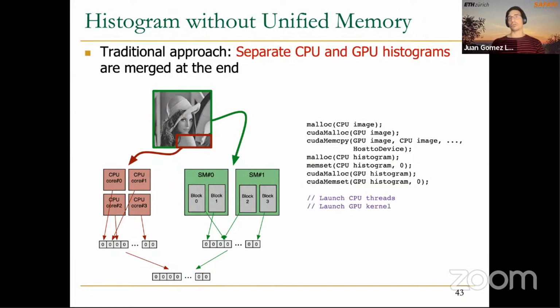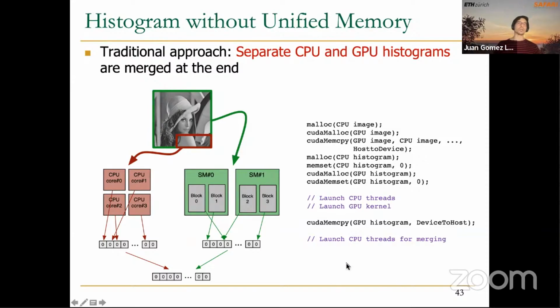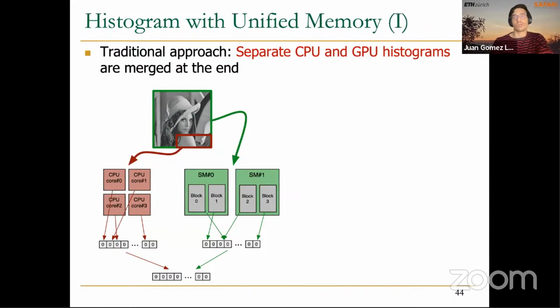Then we launch CPU threads, and then we launch the GPU kernel that will compute the corresponding histograms. And at some point, we will get the histogram computed on the GPU back to the CPU memory, and then we will need to launch more CPU threads, or maybe have the main CPU thread merging the two subhistograms, right? This is doable, but as you see, it's relatively cumbersome.